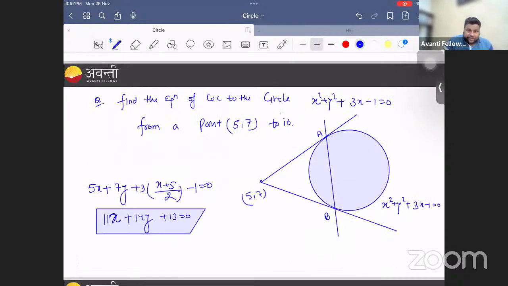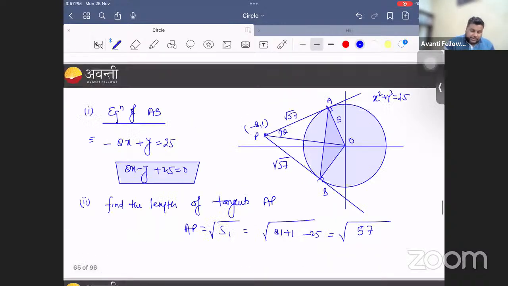Also, if they have given you a circle with a point outside it, they can ask you angle APB, the area of this quadrilateral, and most importantly, the area or radius of the circumcircle of quadrilateral OAPB. Got it? And so on and so forth.